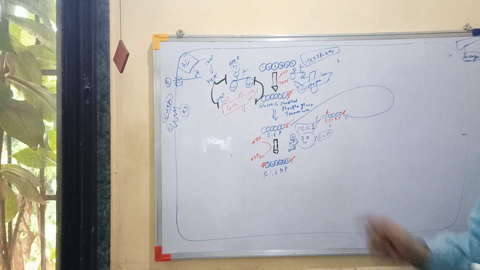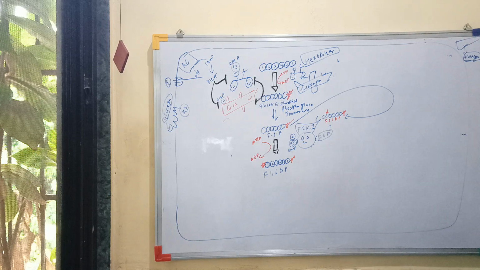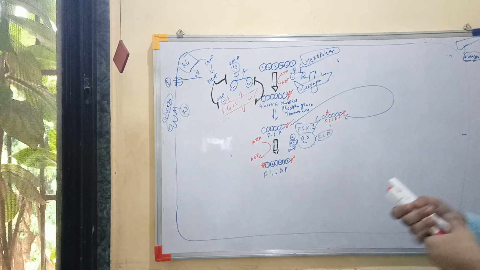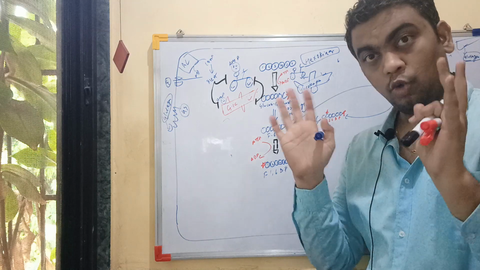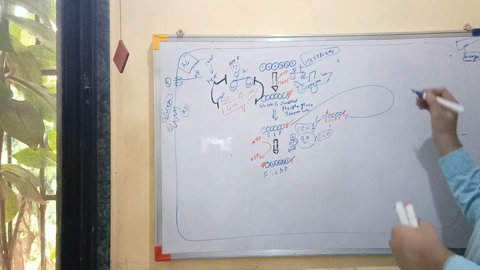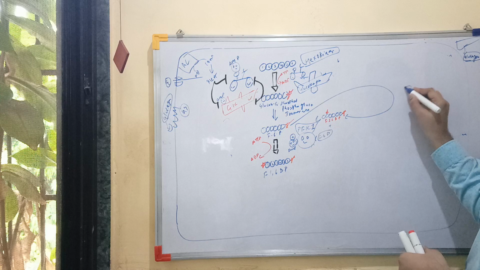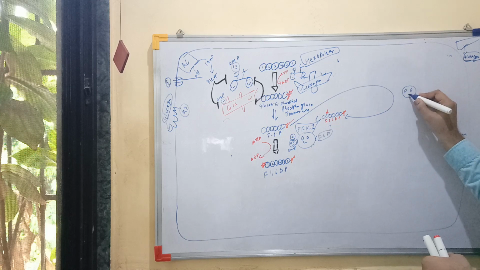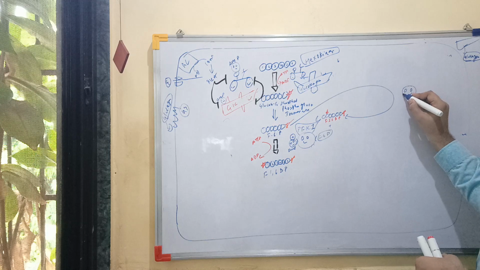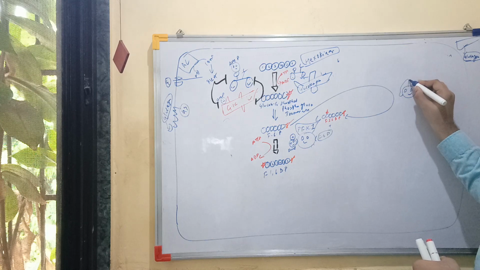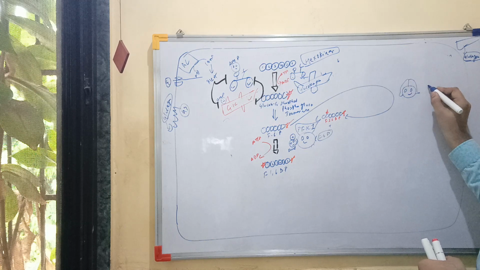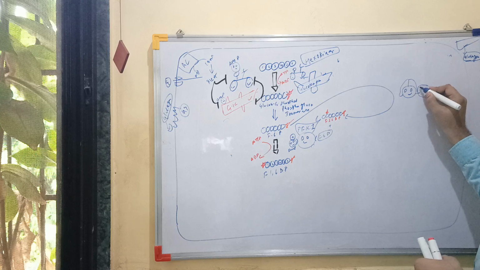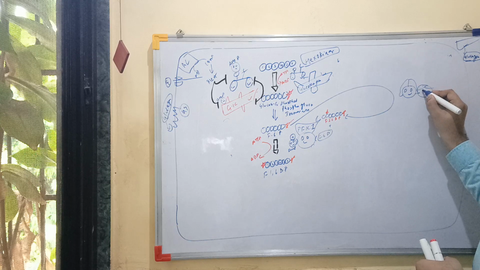Understood? And the enzyme which we need for this is a very interesting enzyme, and this enzyme has two phases. One phase is this, and this is another phase. Let's say this is a girl, and this is a guy.